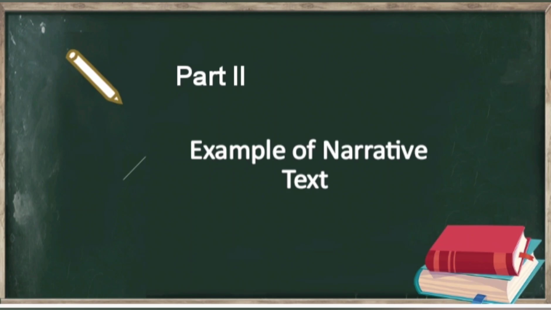I will read this story and later we can try to find the 4 parts in the generic structure: orientation, complication, resolution, and reorientation. So you can listen to this story. This is the story from me.